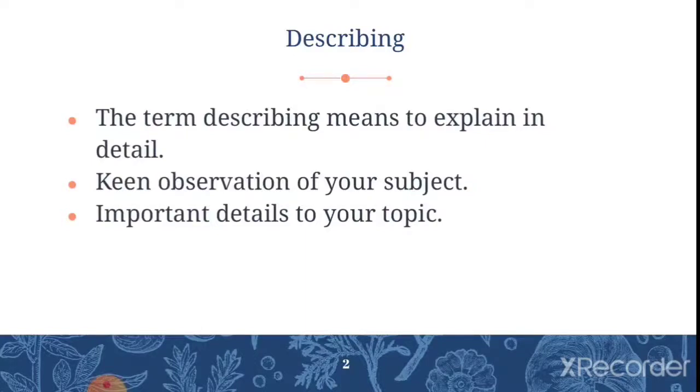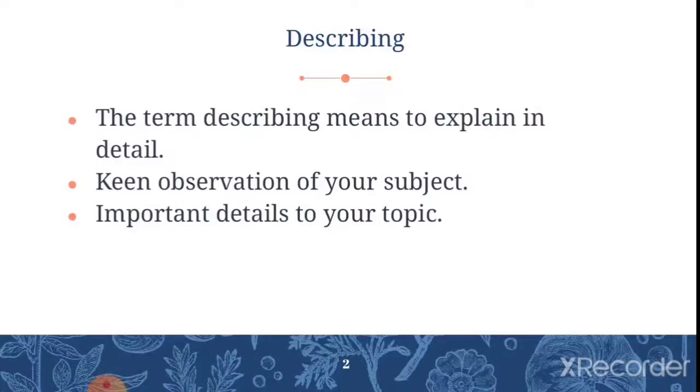Okay. Suppose you are talking about your class, then you should give the important details of your class. Okay, you should talk about the facilities which are given in the class. If you are talking about the method of taking class, delivering lecture, then you should focus upon methods of teaching. So first you have to search out what is important in your topic.